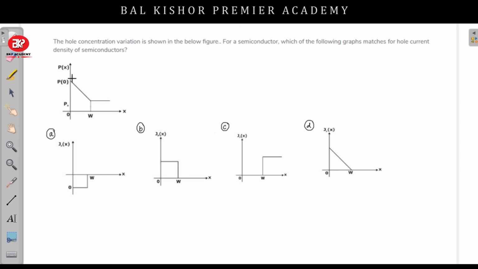At x equals to 0, my concentration is P0, and at x equals to W the concentration value is given by P suffix 0. Both are different.